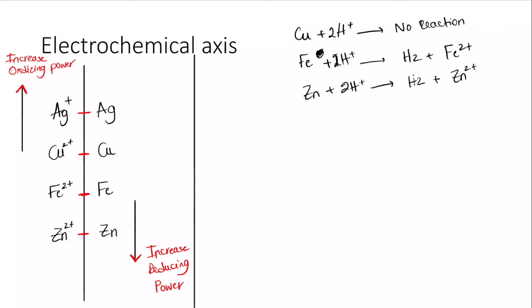Now we want to place the hydrogen couple. The hydrogen couple, as I've mentioned, is H+/H2, among these metals. If you still remember these metals, we talked about them in the previous video, and I advise you also to revise the electrochemical axis.